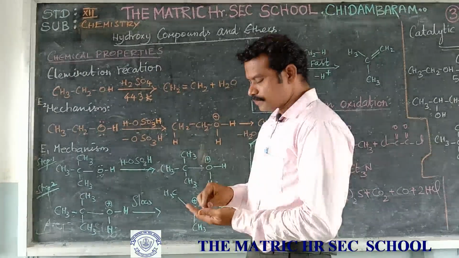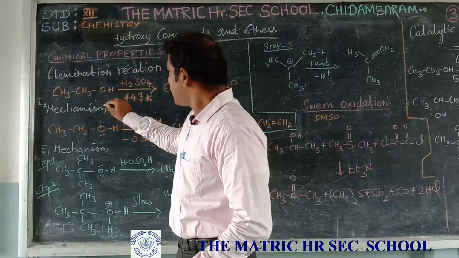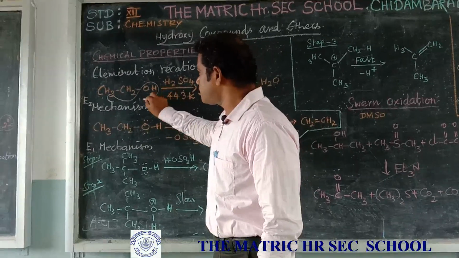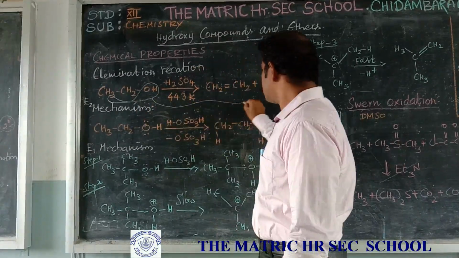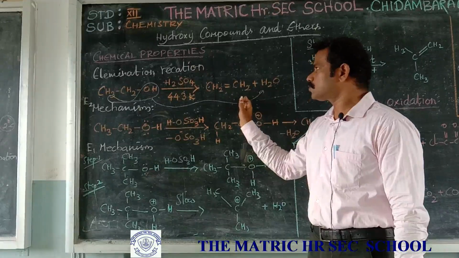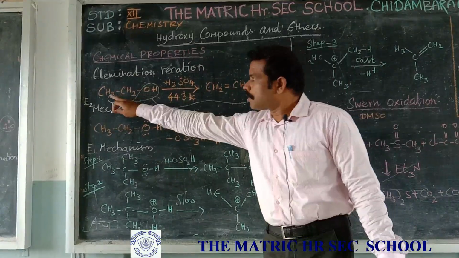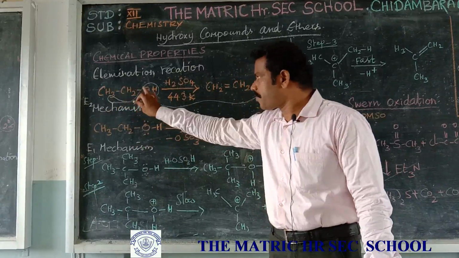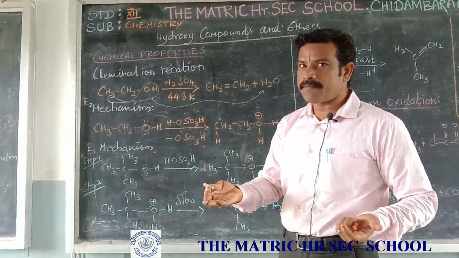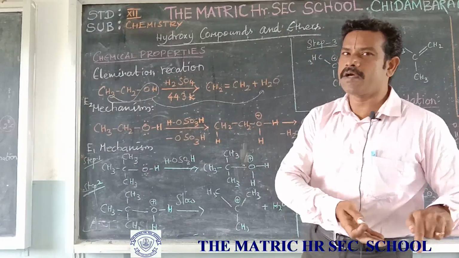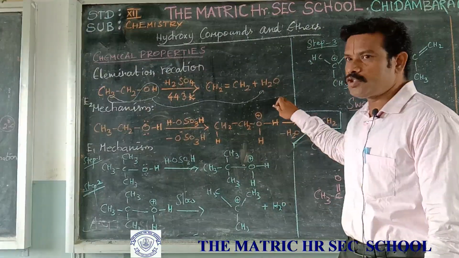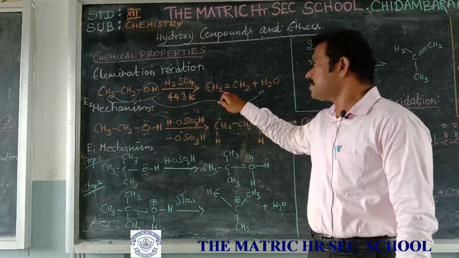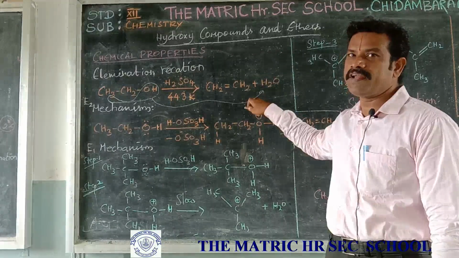The hydrogen and hydroxyl groups go out, and we get H2O. One carbon atom loses a hydrogen, the other carbon atom loses a hydroxyl group, and both leave as H2O, so that is the elimination reaction. From the alkyl alcohol you get the alkene, that is the olefin compound.